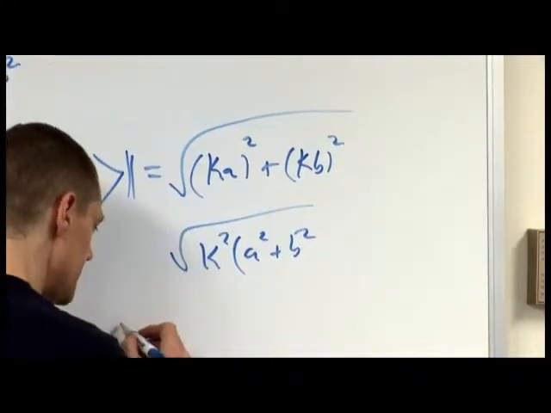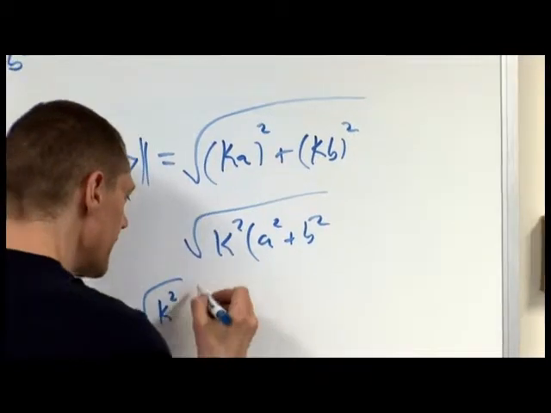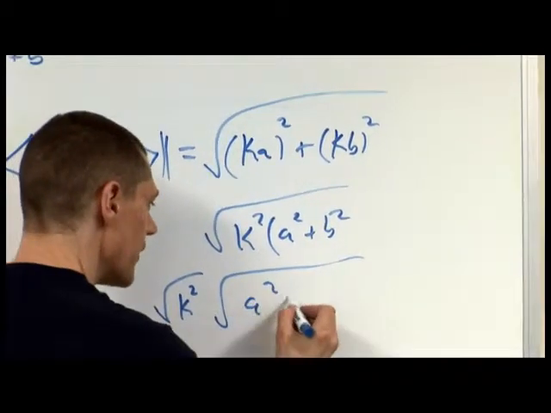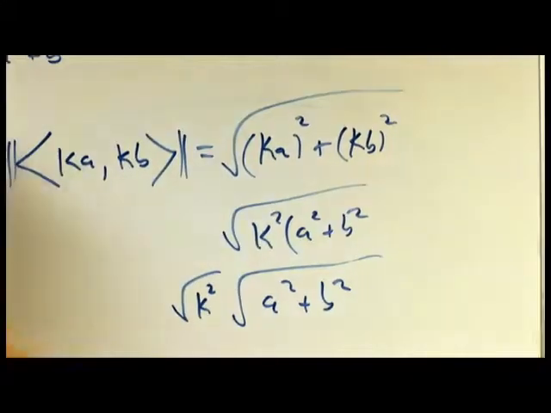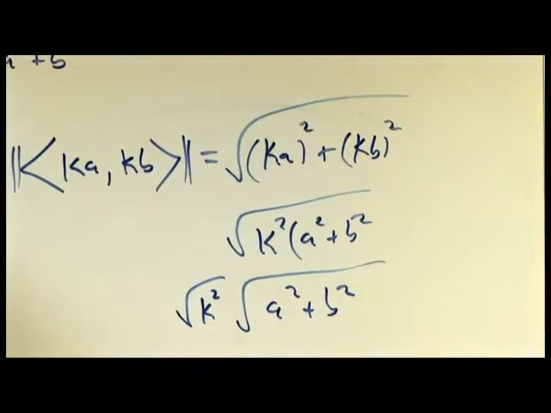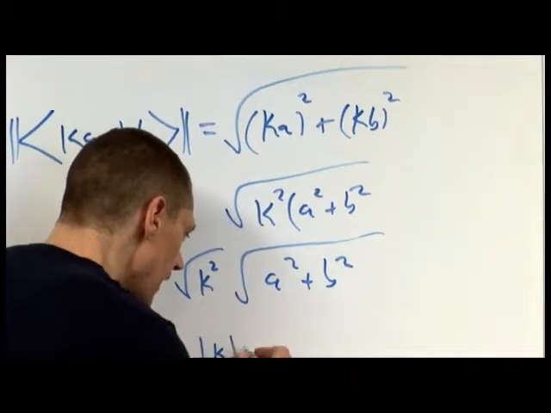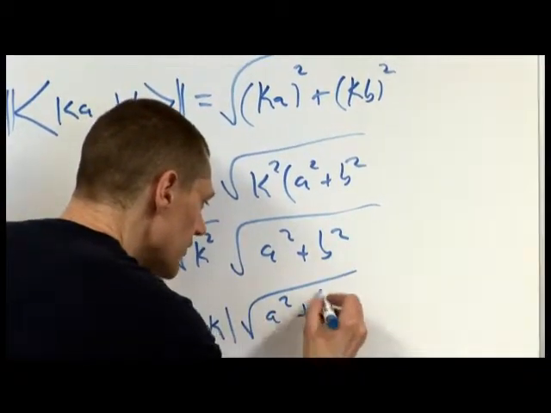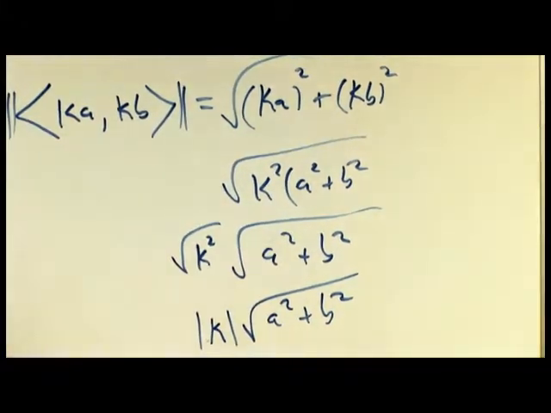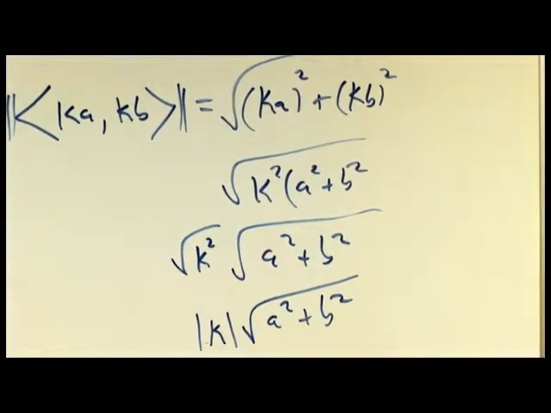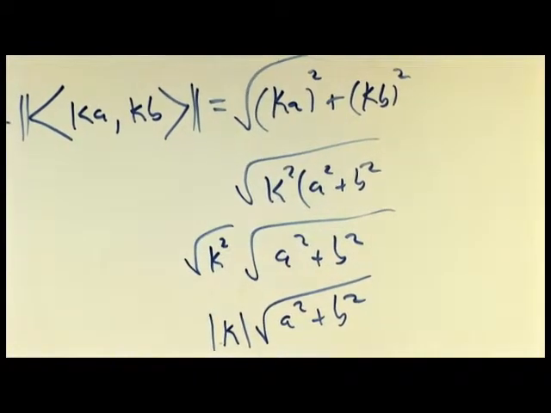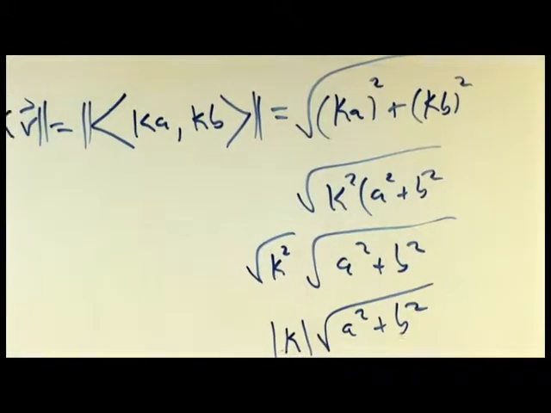This is the square root of k squared times the square root of a squared plus b squared. By definition, in real numbers in particular, the square root of k squared is the absolute value of k, times the square root of a squared plus b squared. And I'm so excited because I like this so much, my board work has got a little sloppy, and I'll slow down. Mellow. Okay.